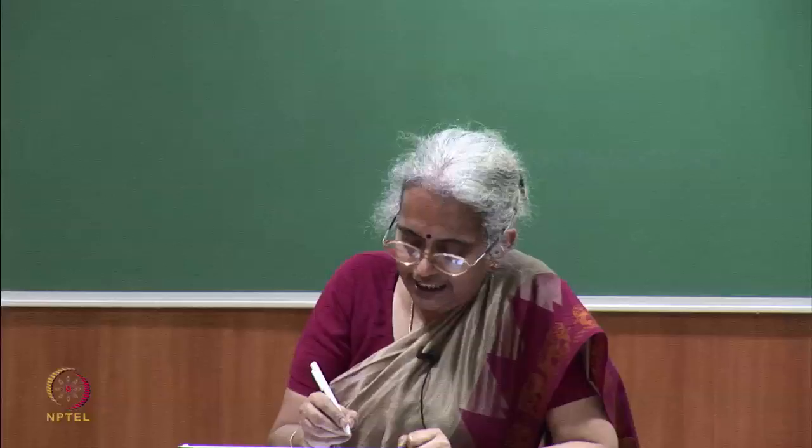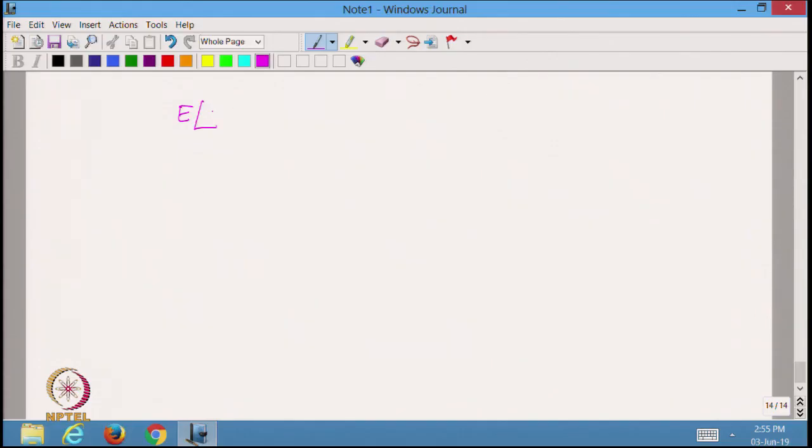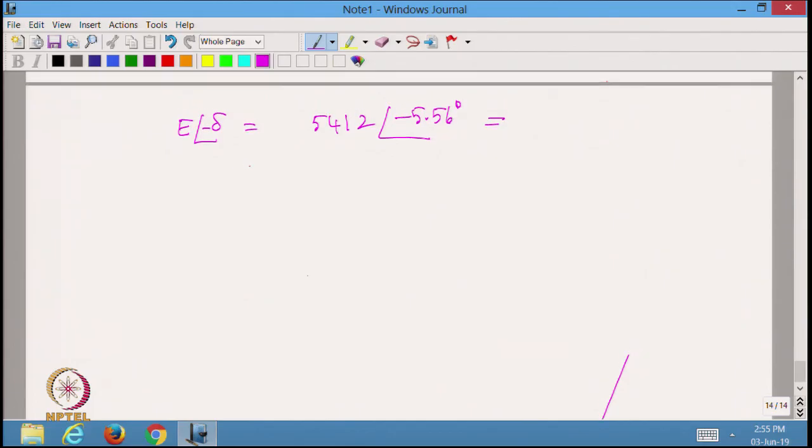Once you have got delta new, this is pretty simple now. Because I know delta new, I should be able to say E angle delta in the new condition, which is 5412 angle minus 5.56 degrees, is going to be equal to Vt angle 0 minus J XS Ia new phi new, right.